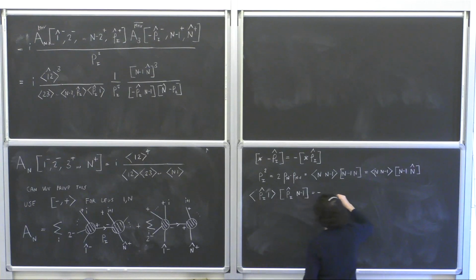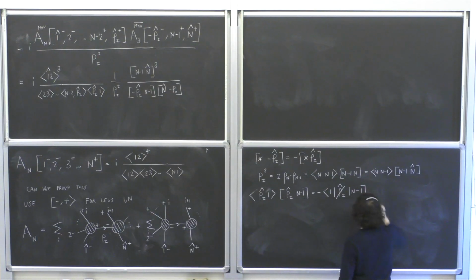So this is equal to minus, just reversing the order of one of the brackets, here we have P_i. If I really want to be careful, I indicate it's contracted with a gamma matrix, and this is the other spinor. Now we use momentum conservation.